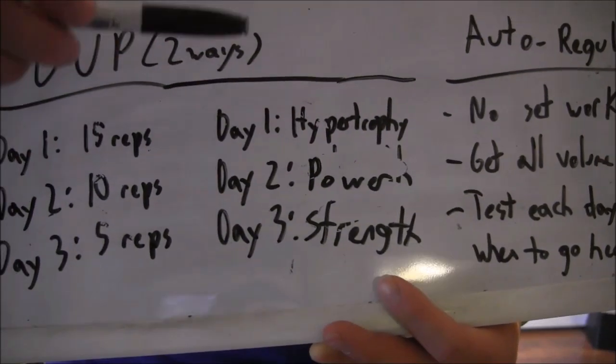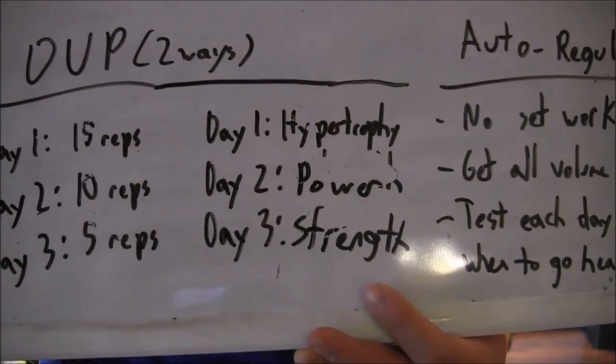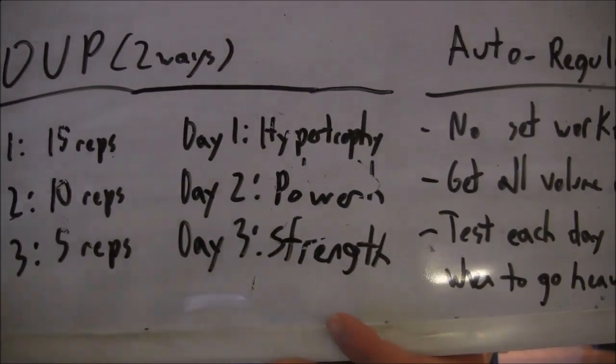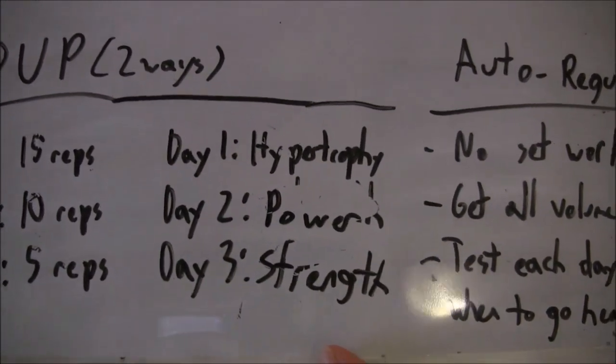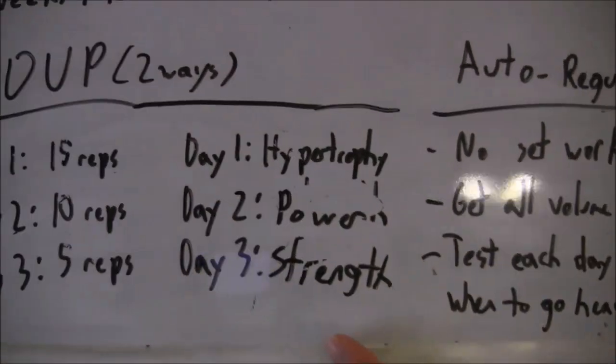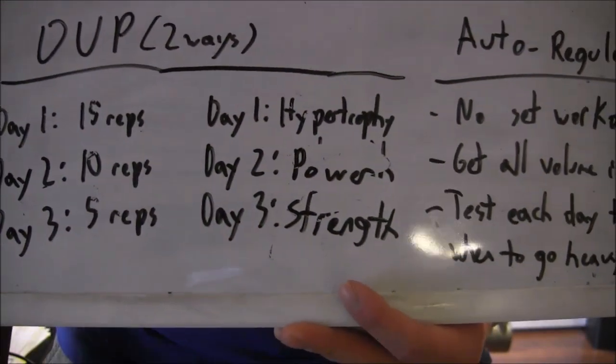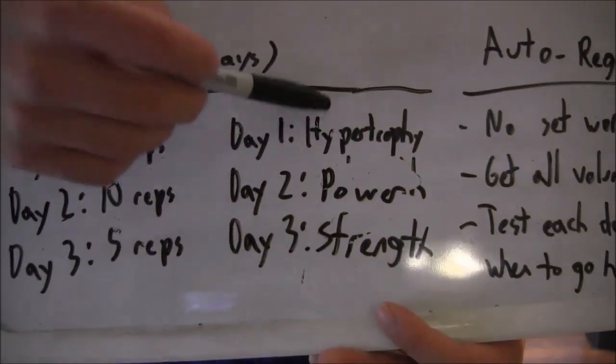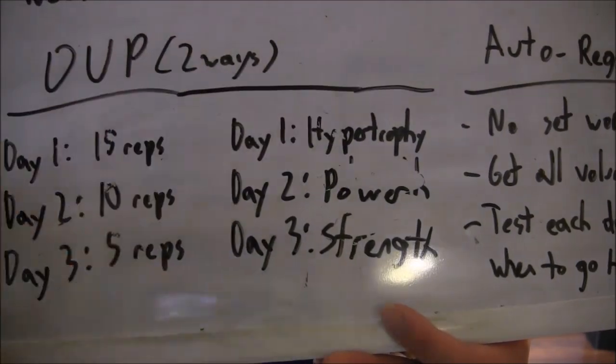So you're doing 2 hypertrophy sessions for every 1 power and strength session you do. Dr. Zourdos has talked about that. It might be 3-to-1-to-1, it might be 3-to-2-to-1. We don't know. But the point is I believe they have shown that, if you want to be specific, doing a 2-to-1-to-1 is probably better than a 1-to-1-to-1.